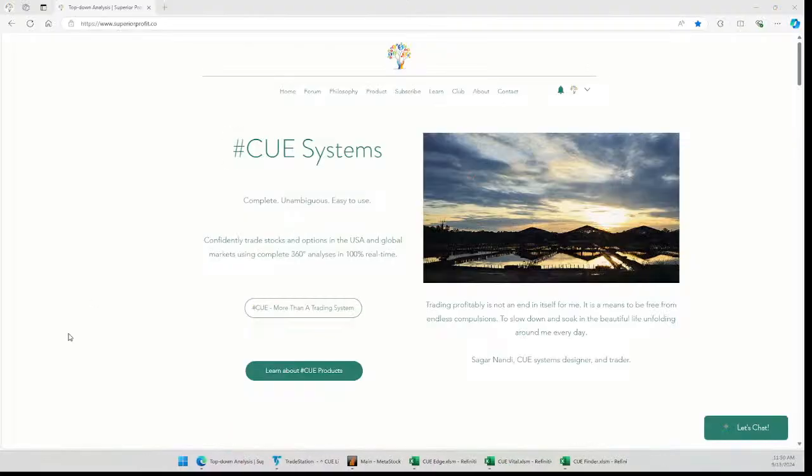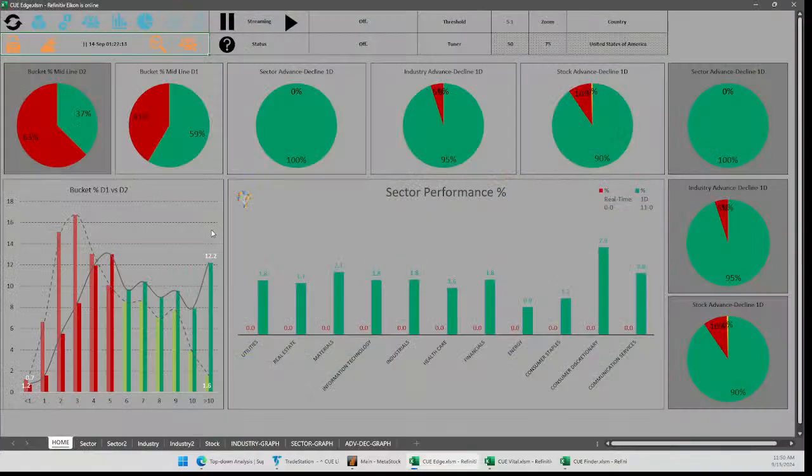Let me move to Q Edge, sector industry stock breadth as of today. First, look at bucket analysis. This is as of Friday's close. What is the percentage of stocks below lower Bollinger Band? Minuscule, less than 1%, 0.7%.